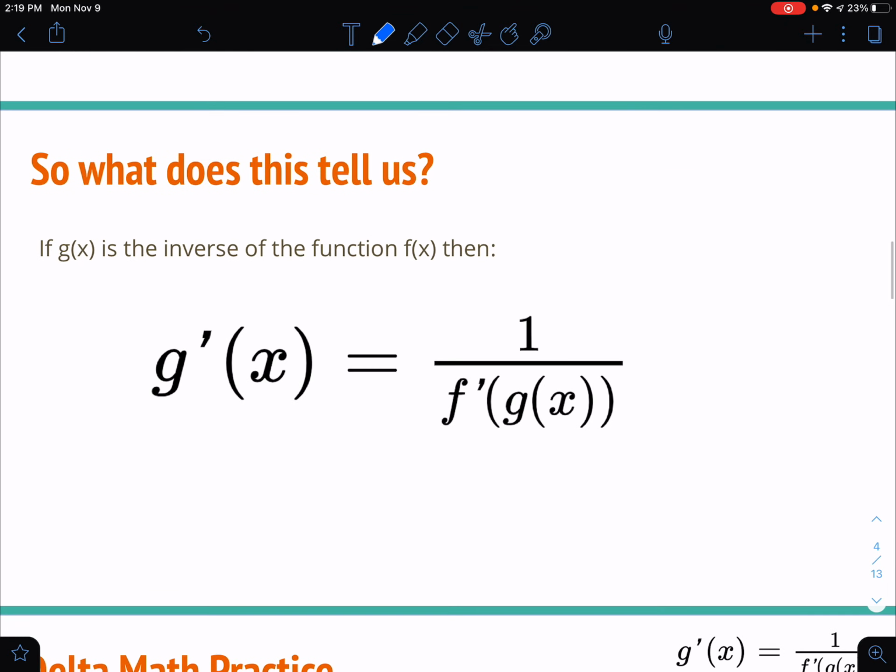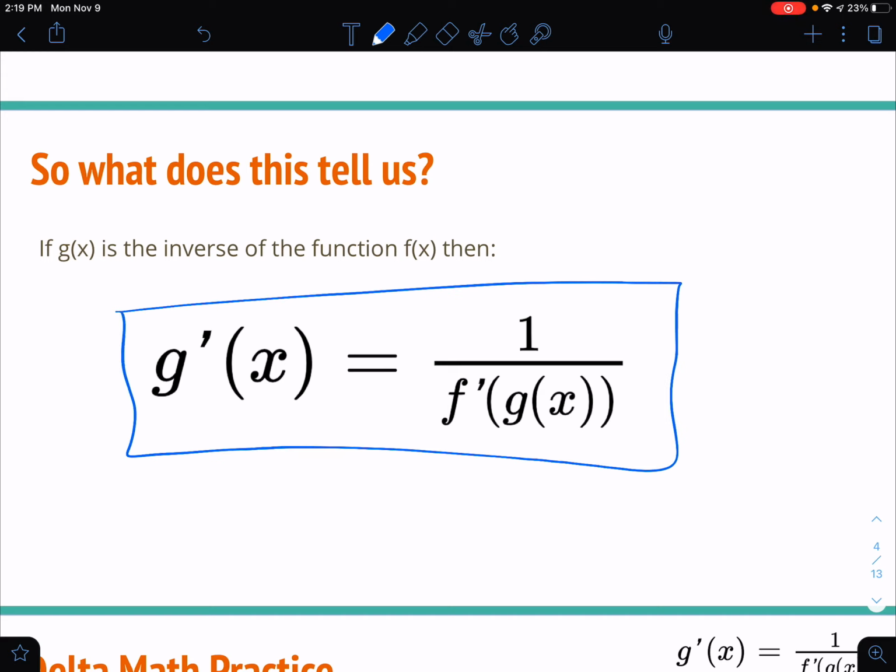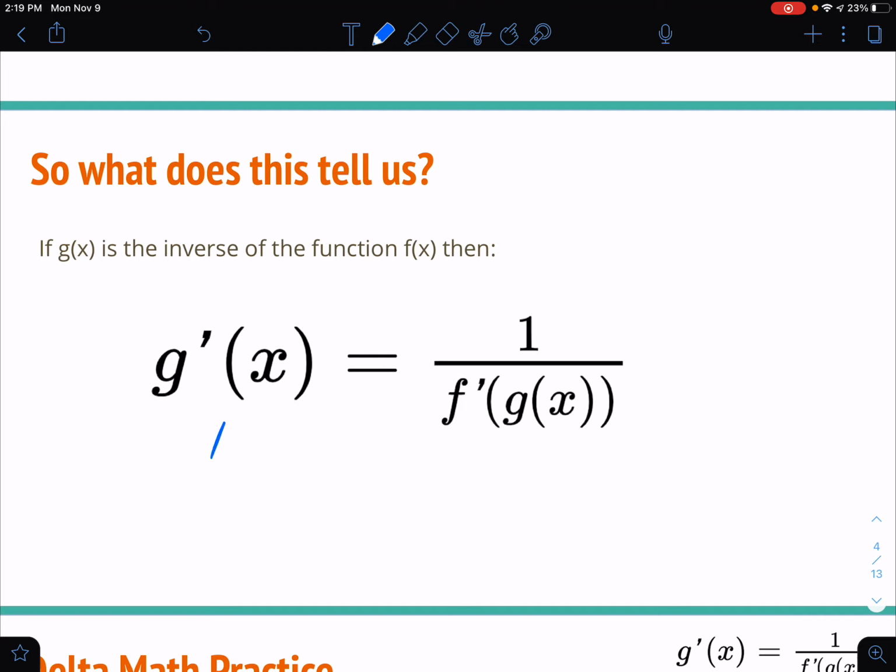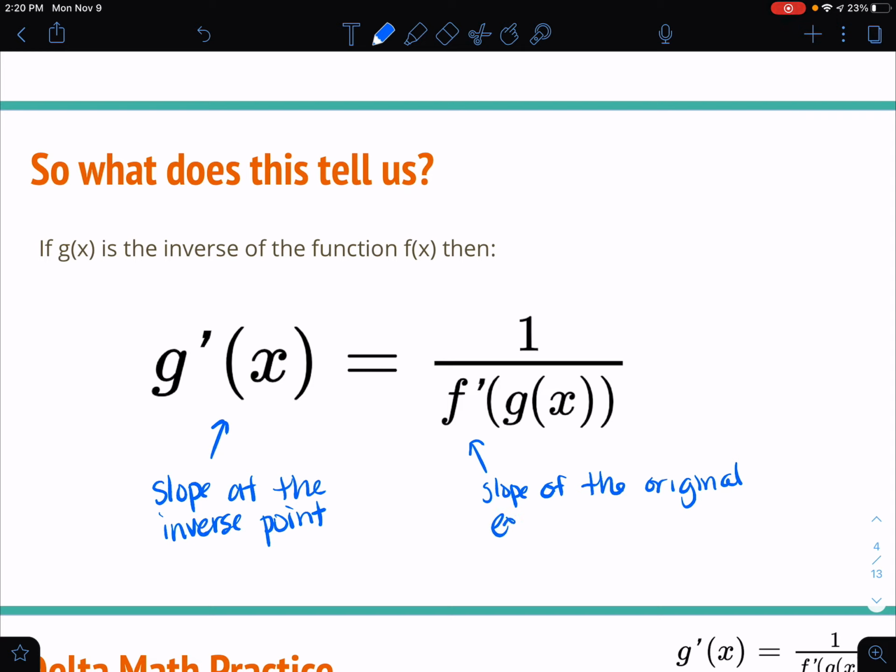We know that if g of x is the inverse of the function, then g prime of x, the slope at the inverse point, is equal to 1 over f prime, the slope of the original equation, at that y value in g of x.